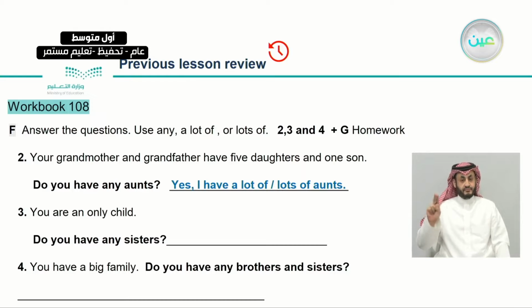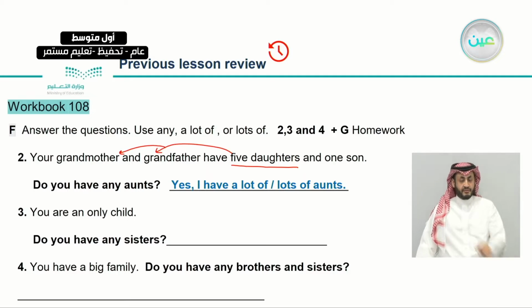How did I know? Because my grandparents have 5 daughters, they are my aunts. So I have lots of aunts. How about the uncle? Only 1 uncle. How did I know? Because they have only 1 son.